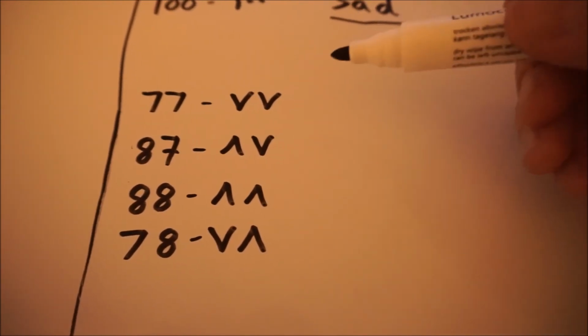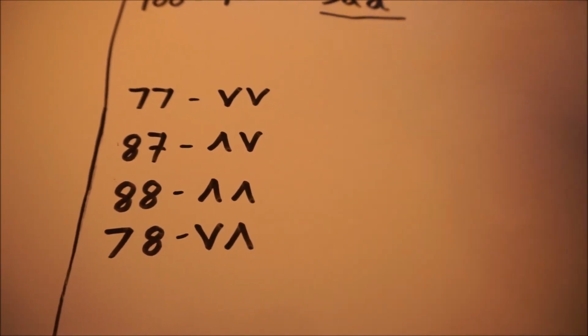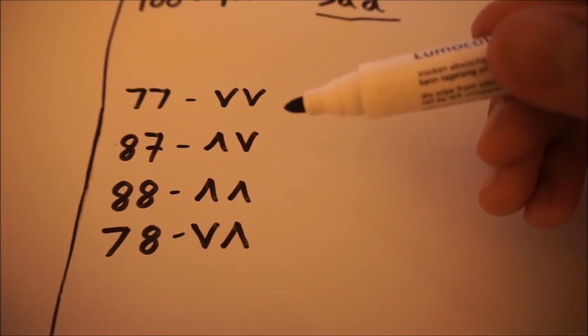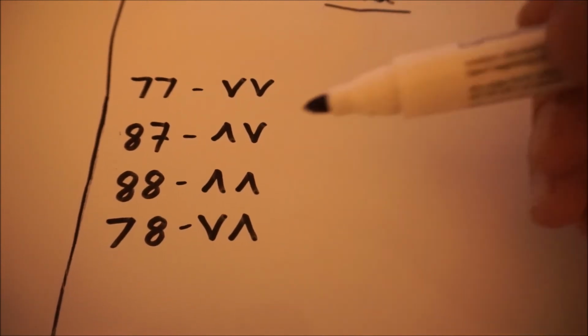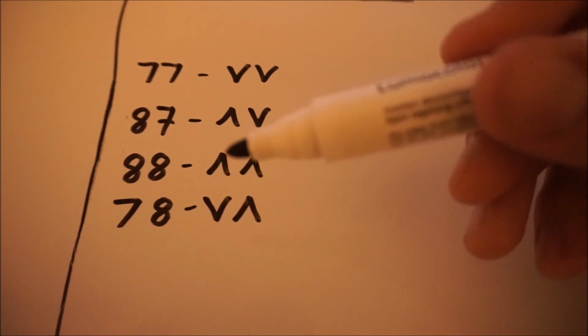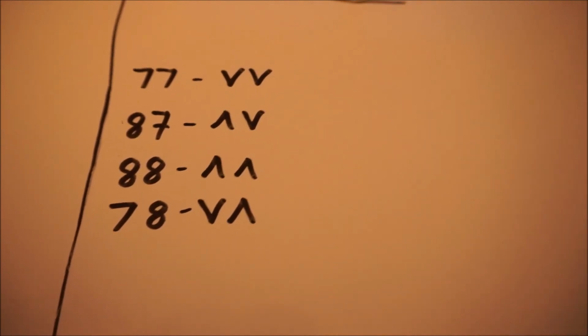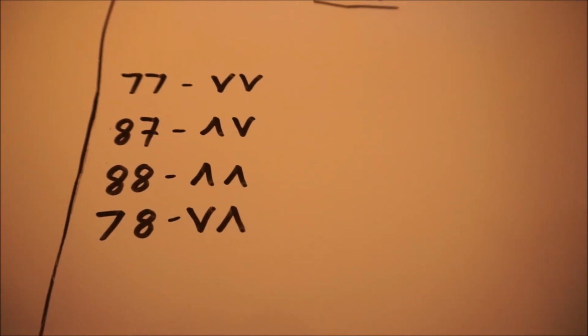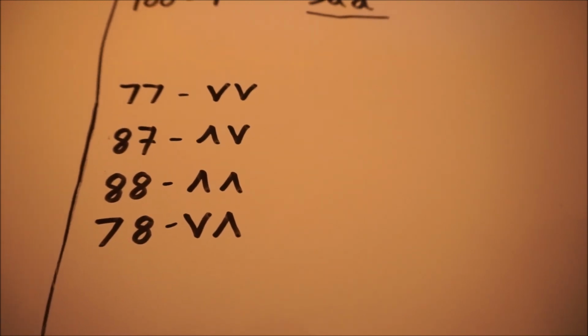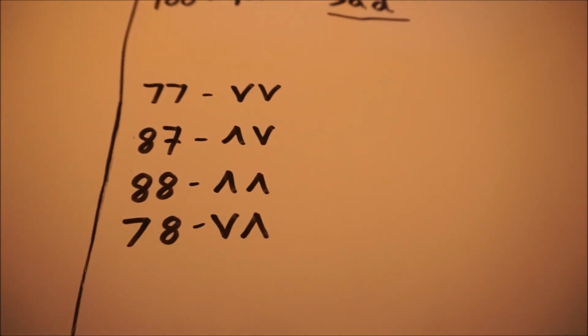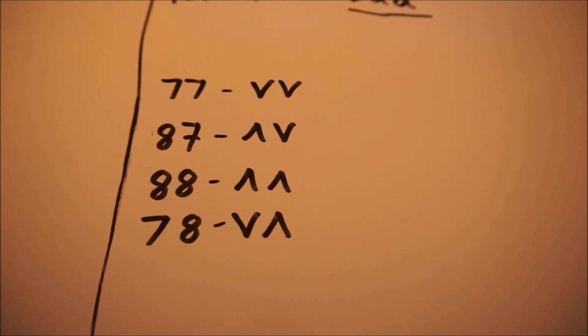So you see here, 77 is just 2 arrows pointing down. 87 is up and down arrows, 88 is just 2 up arrows, and 78 is down and up arrow. But these are actual numbers, so don't be scared if you see these. And that's just a fun little fact here at the end, I guess.